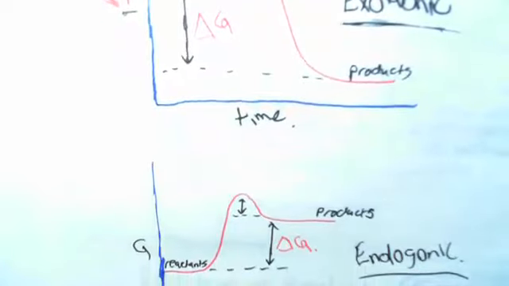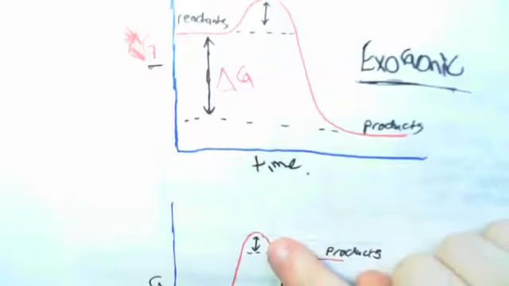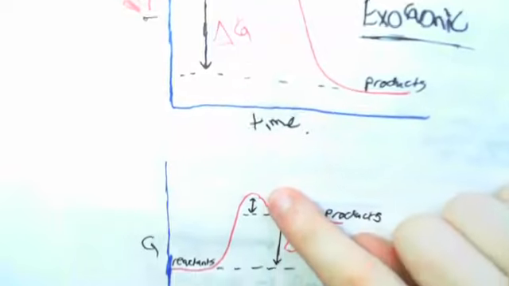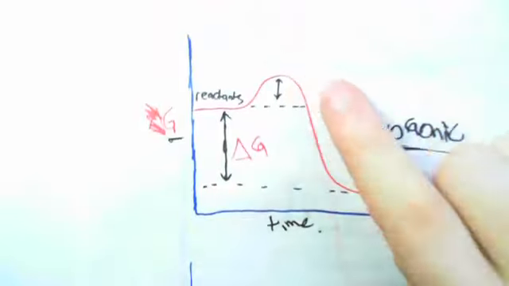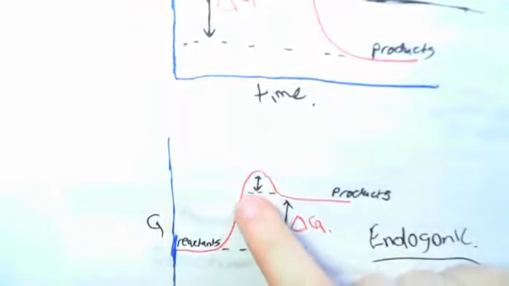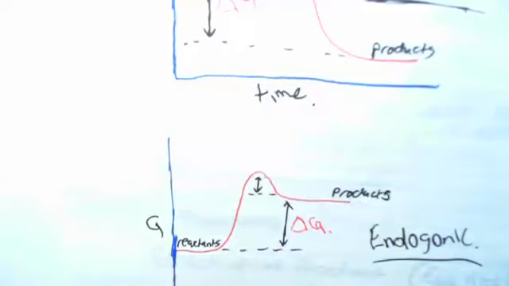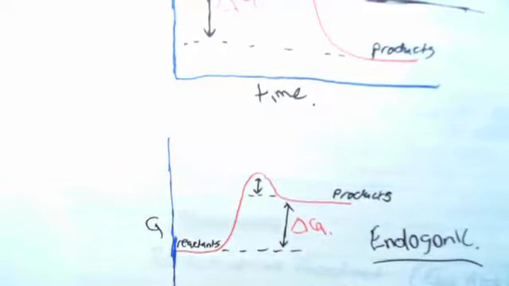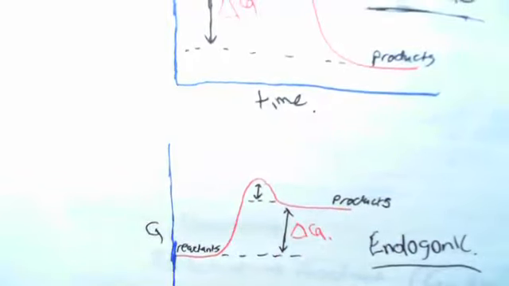They're fixed for any reaction. However, this small hump you need to get over in both reactions: to progress from the reactants, you need to go up an extra amount of energy to get to the products. That can be changed. That's called the activation energy, or E_act.